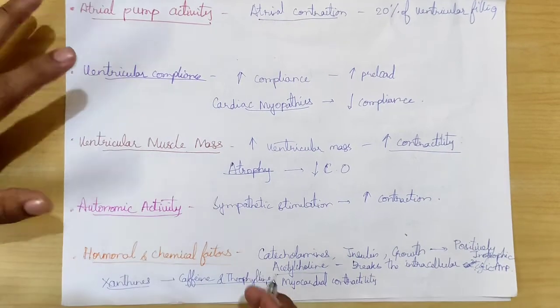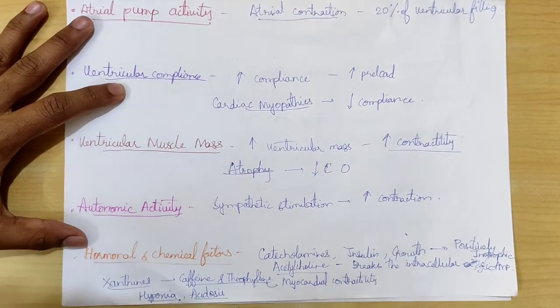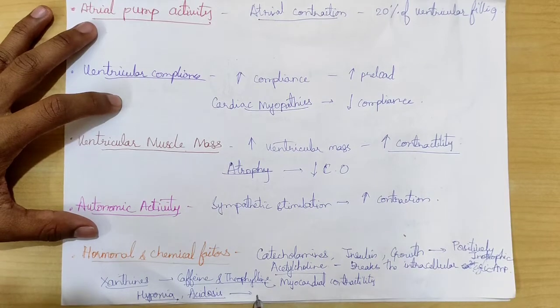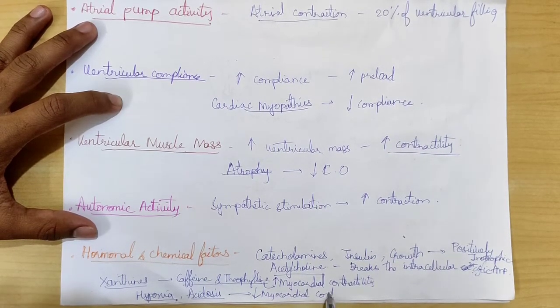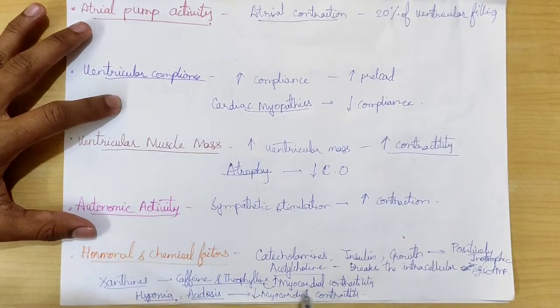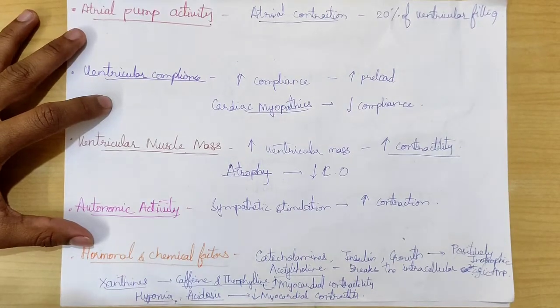Whereas other chemical factors like hypoxia and acidosis, which is nothing but the decrease in the pH in the body, decrease the myocardial activity or contractility. So caffeine and theophylline increase the myocardial contractility, and hypoxia and acidosis decrease it.